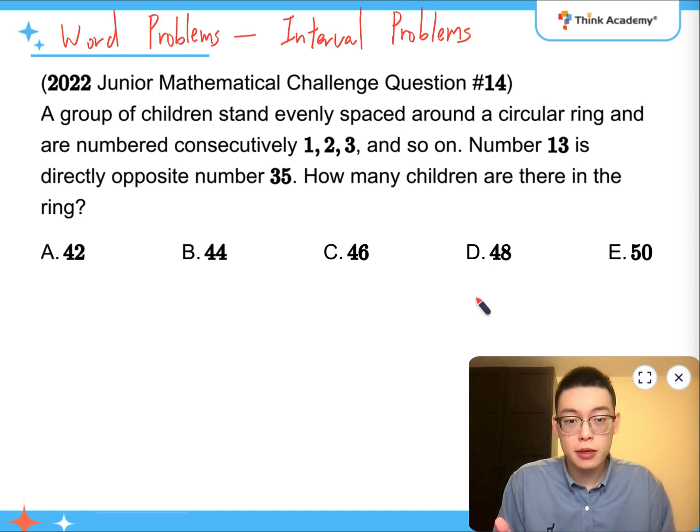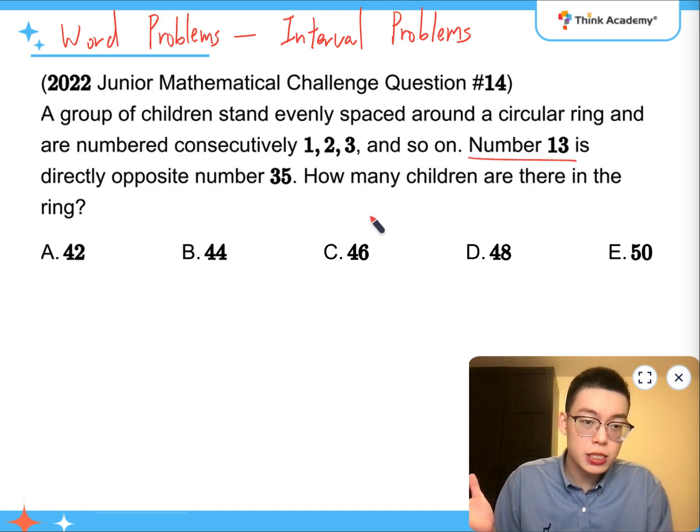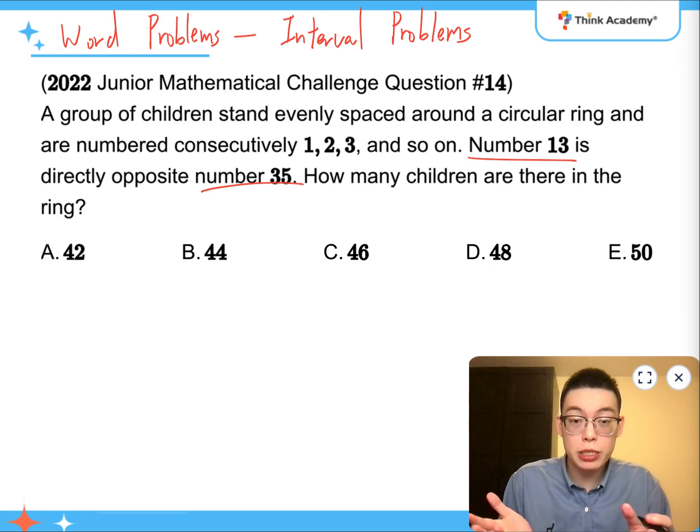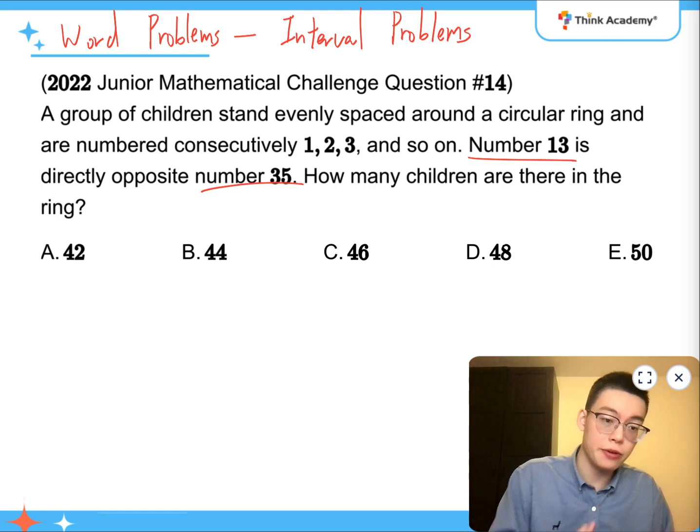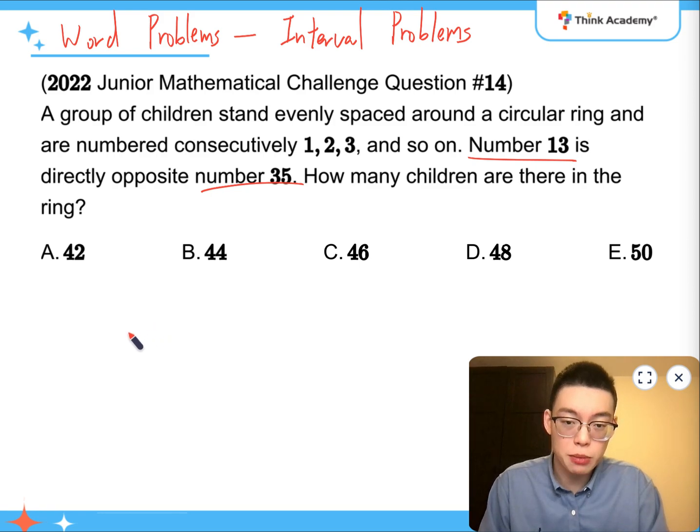So the number of objects is the same as the number of gaps if they are all evenly spaced around the ring. Now we know that number 13 is directly opposite number 35. So how many gaps are there between 13 to 35? We just need to subtract them, which is 22.